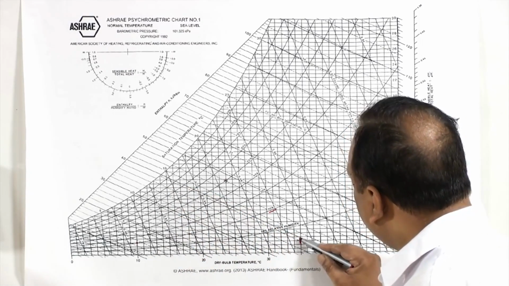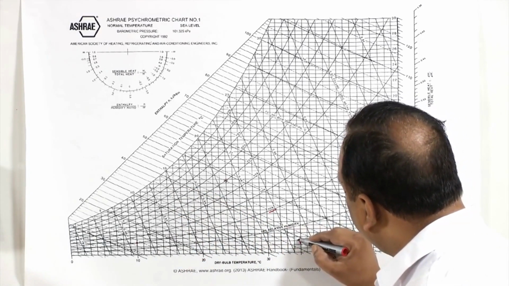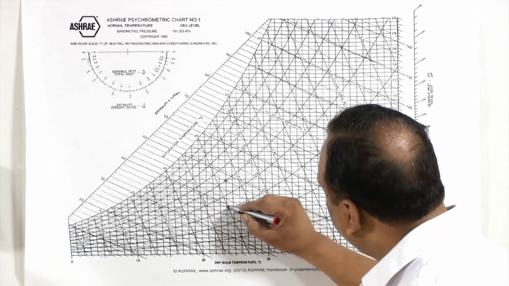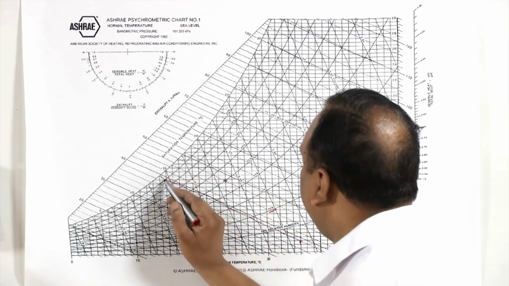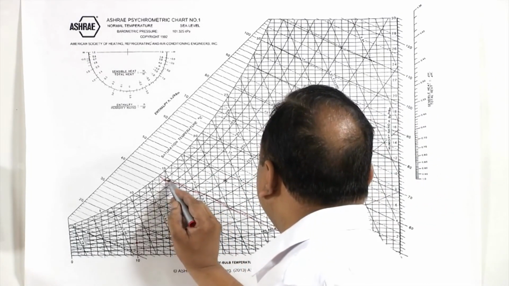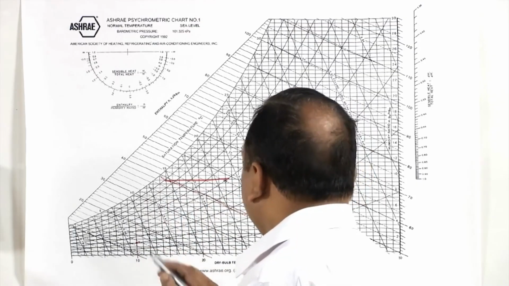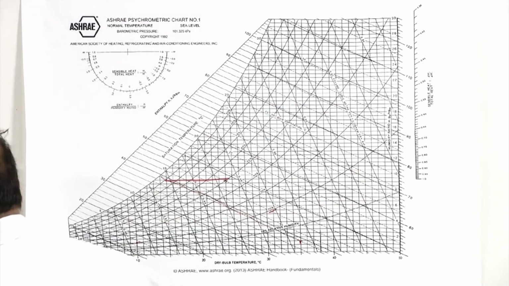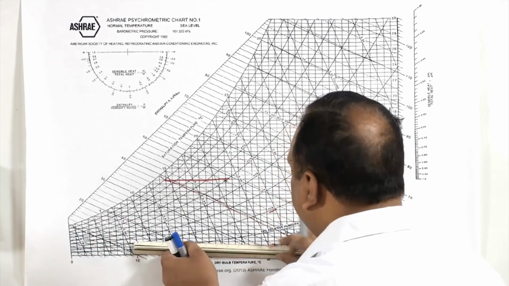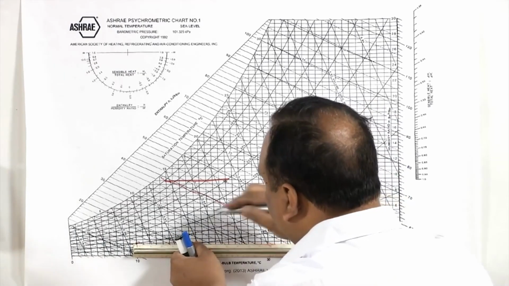We will follow this constant wet bulb temperature line, and then from here the heating can be done. So, the entire process is like this.